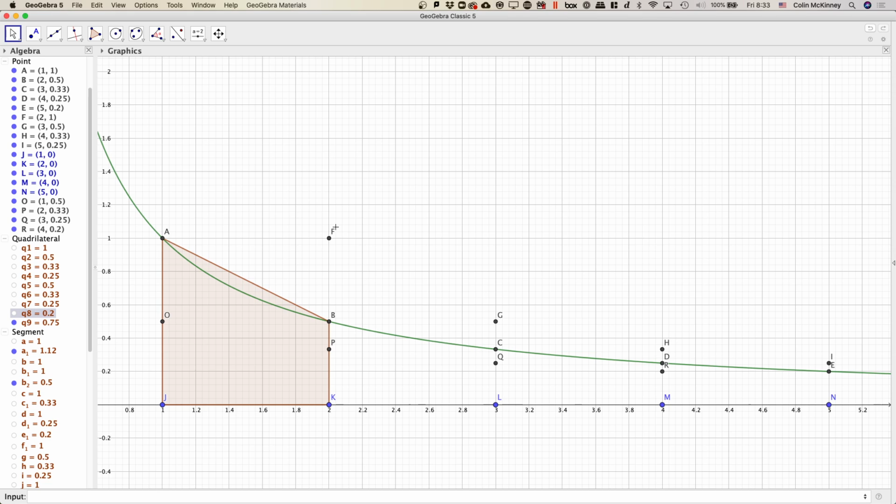So this is the idea of what we're doing with the left- and right-handed methods. Those are called Riemann sums, and the trapezoid method is a not too difficult extension of them to be slightly more accurate.